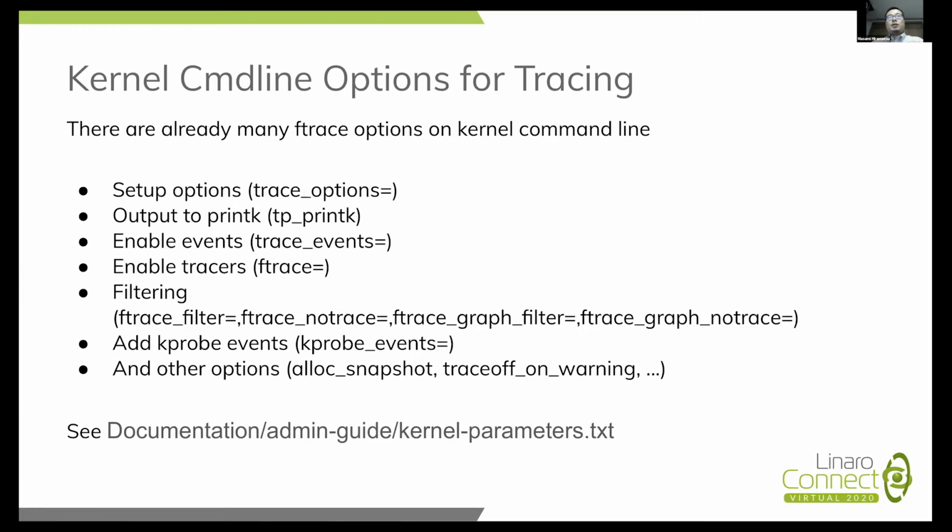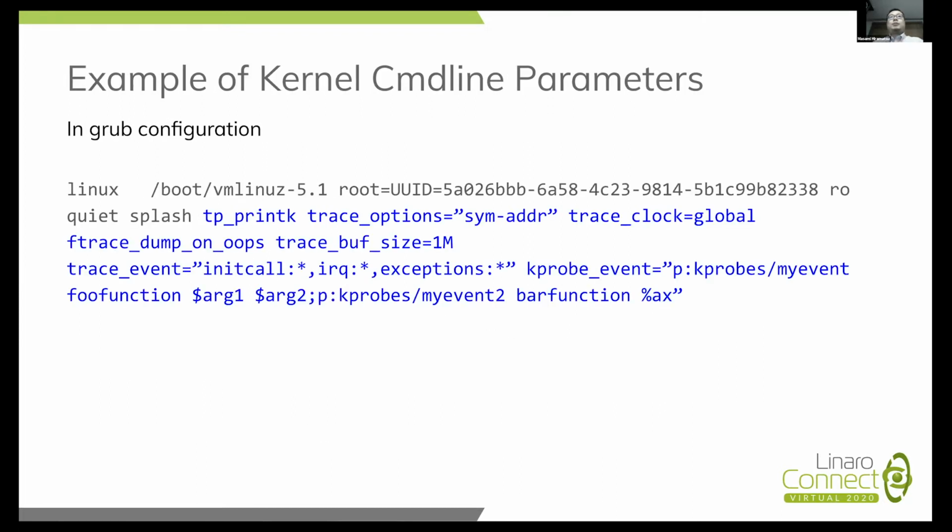You can find these options in the documentation, the kernel parameters text. And here is an example of the kernel command line parameters in the grub configuration file. You can see the long command lines here, so that you can add options as command line parameters.